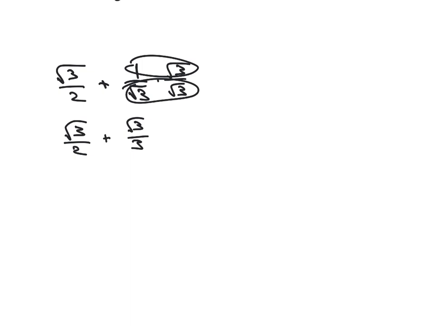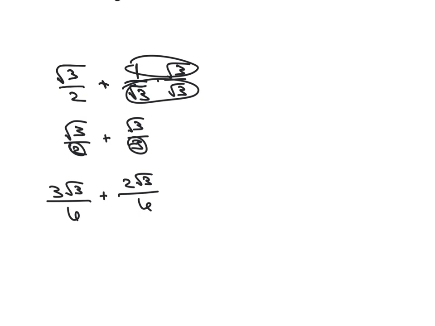Okay, now it's just like any other fraction. In order to add these, we have to have common denominators. Common denominator is 6. So I multiplied 2 times 3 to get 6, so I have to multiply the top by 3. Then I'm going to change this bottom to a 6. I multiplied the 3 times 2 for it to be a 6, so I'm going to put a 2 up on top and multiply it by the numerator.